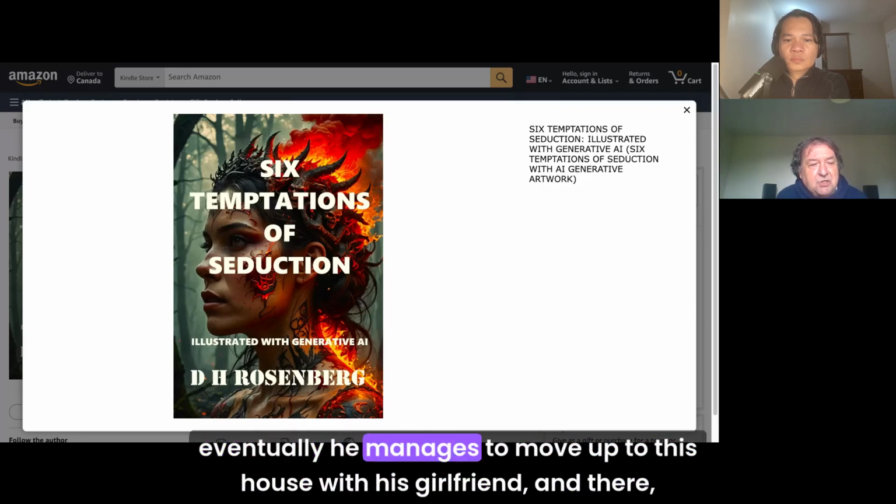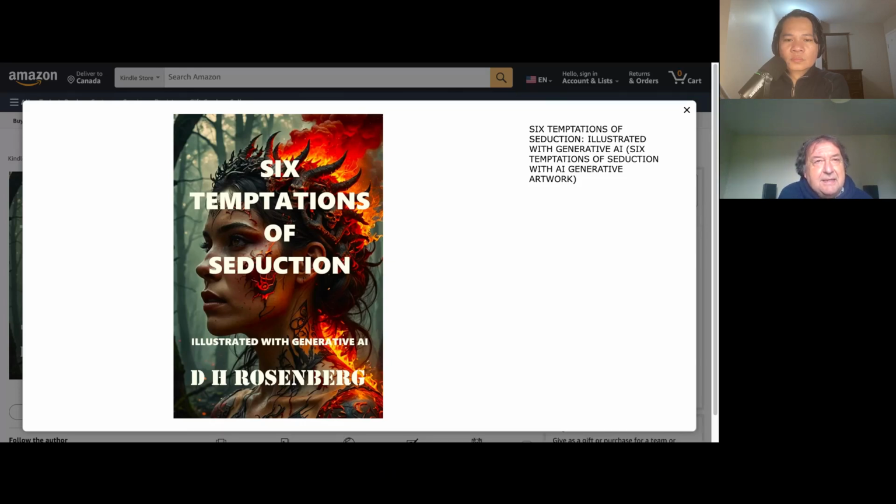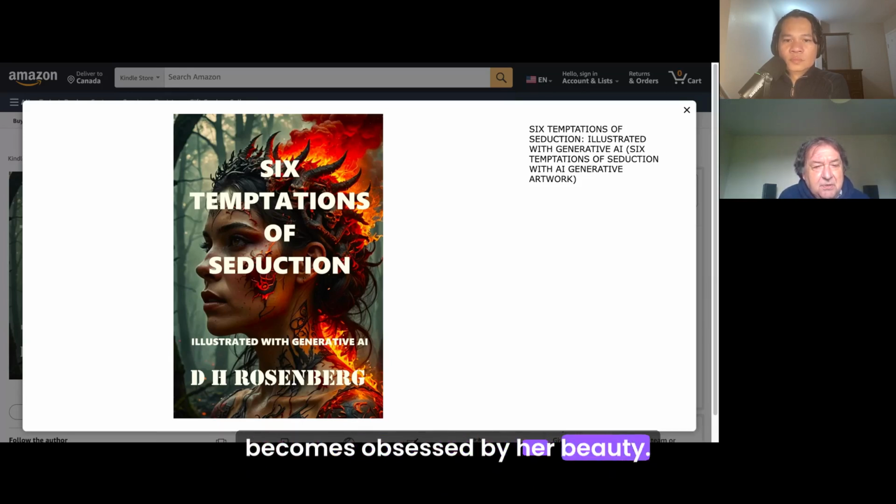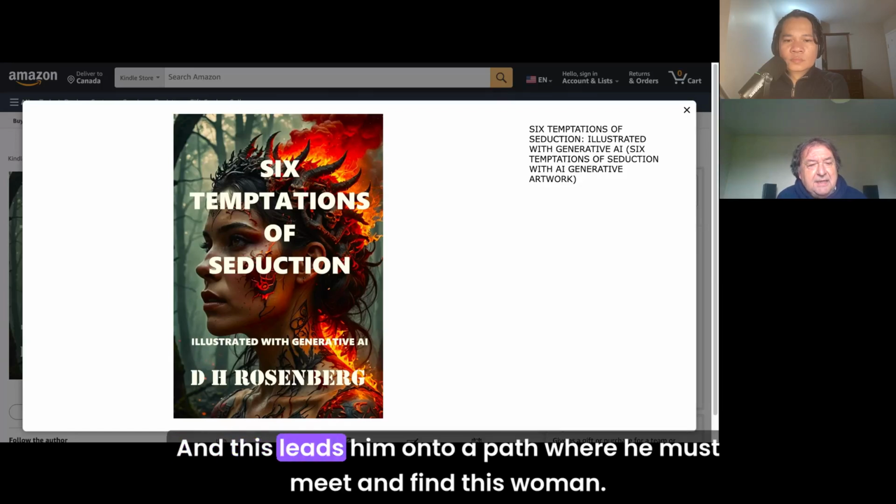Eventually he manages to move up to this house with his girlfriend, and there he starts to see a mysterious woman coming from the woods behind the house, and he becomes obsessed by her beauty. This leads him onto a path where he must find this woman.